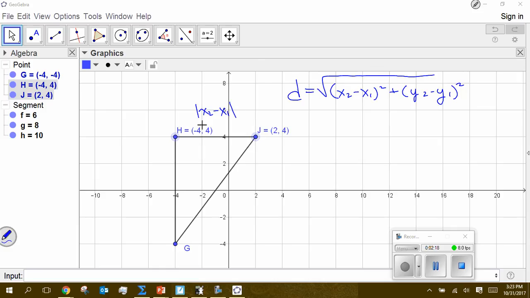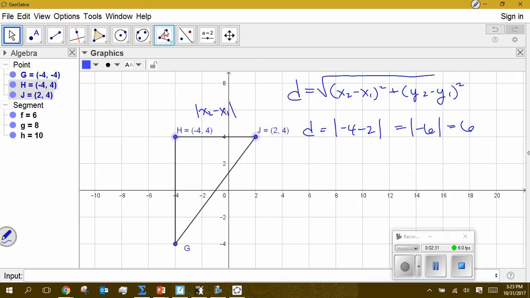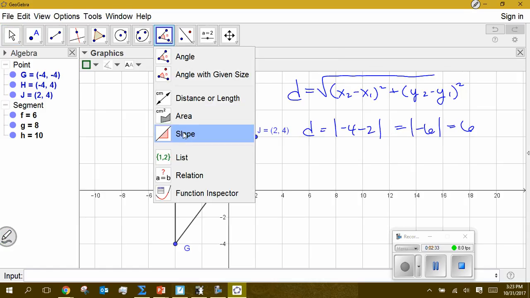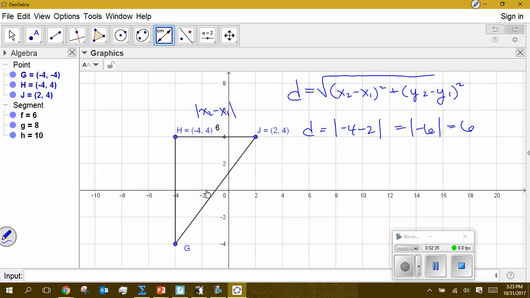So -4 minus 2 gives me -6, the absolute value of which is 6. So H to J is 6. If we ask GeoGebra to find that length, it gives us 6.